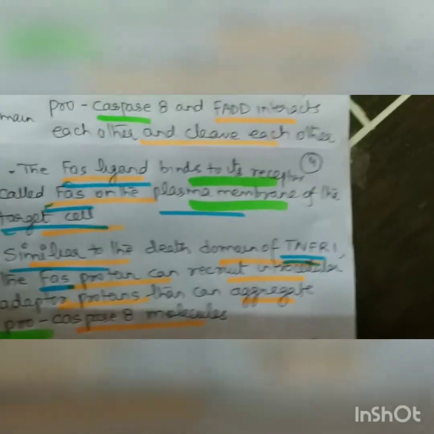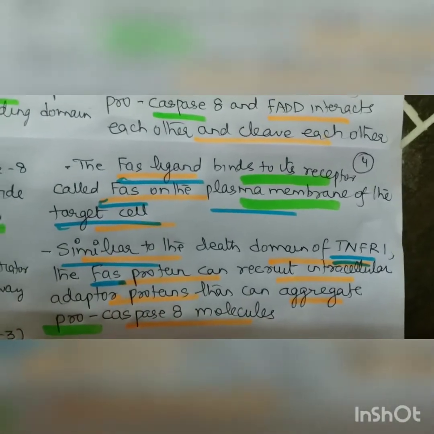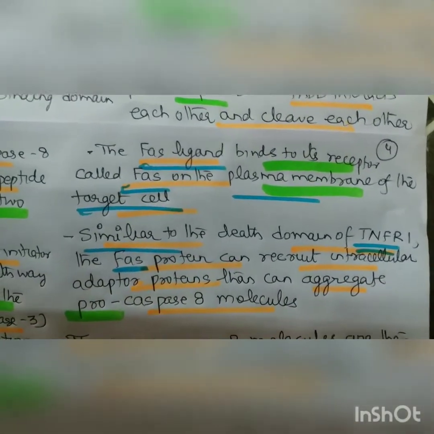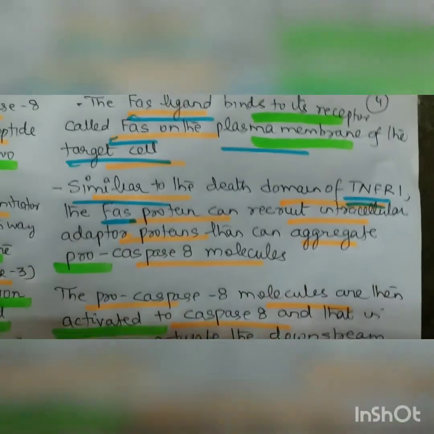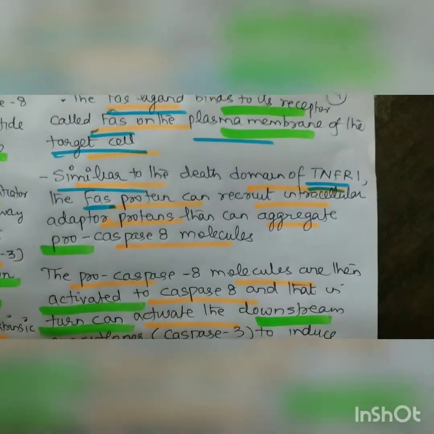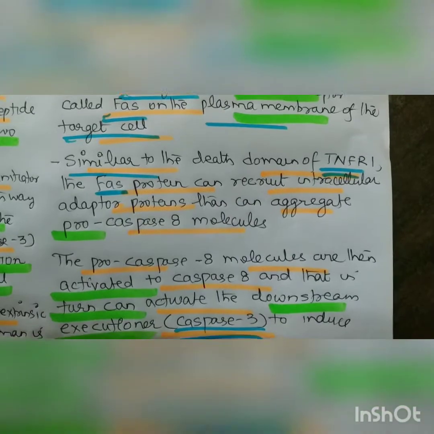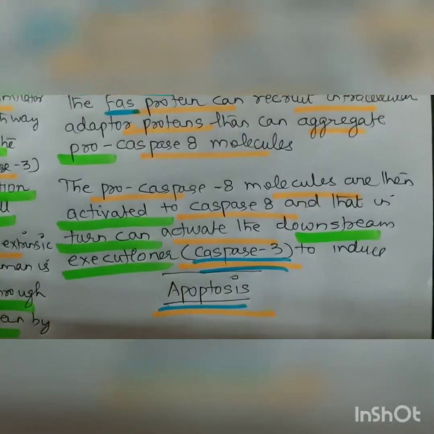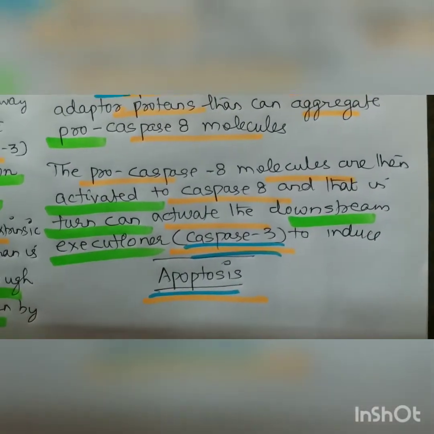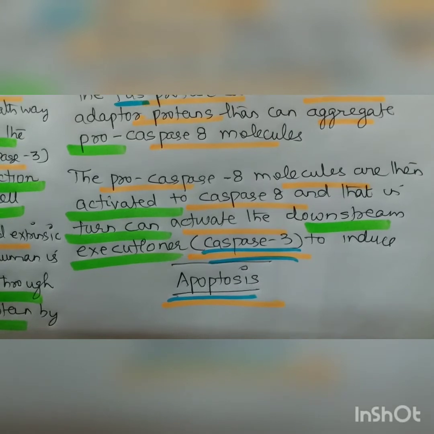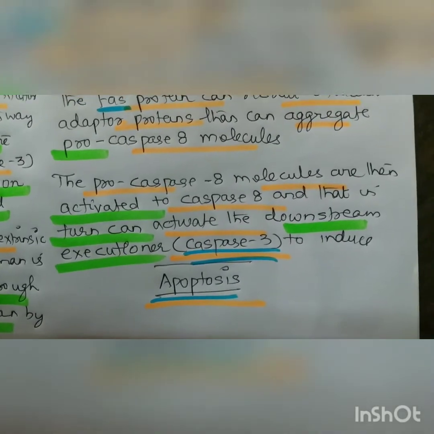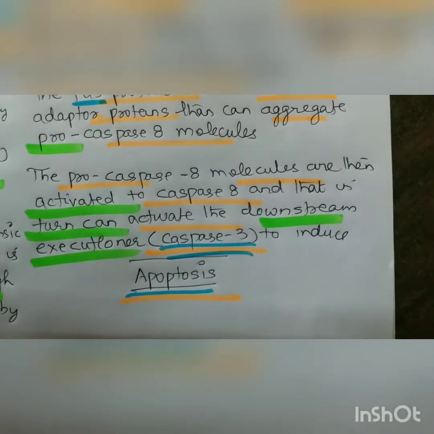The Fas ligand binds to its receptor called Fas on the plasma membrane of the target cell. Similar to the death domain of TNFR1, the Fas protein can recruit the intracellular adapter protein, which can aggregate procaspase 8 molecules. The procaspase 8 molecules are then activated to caspase 8, which in turn activates the downstream executioner caspase 3 to induce apoptosis.